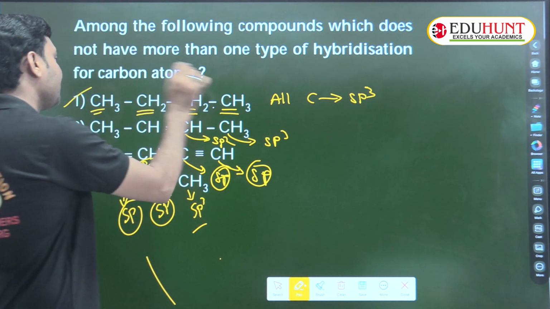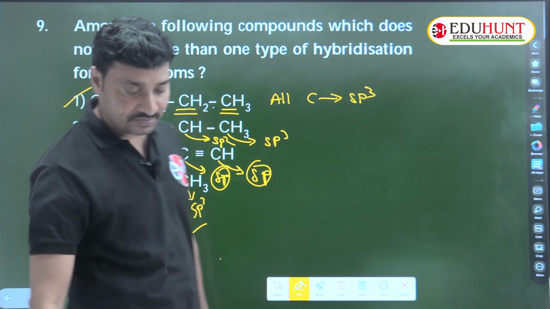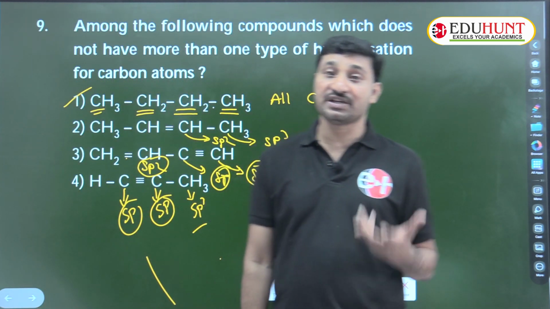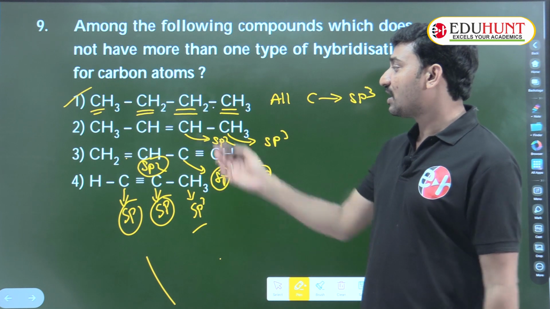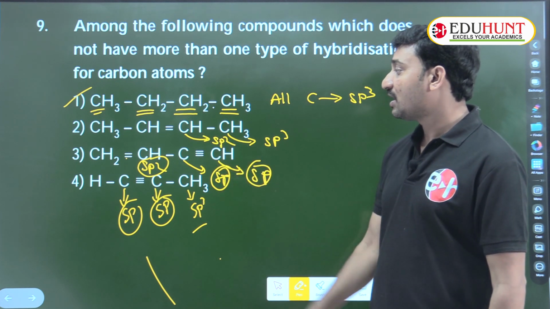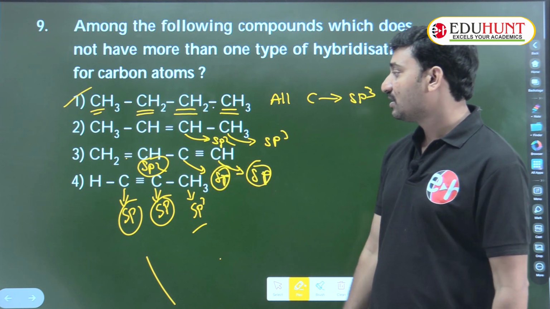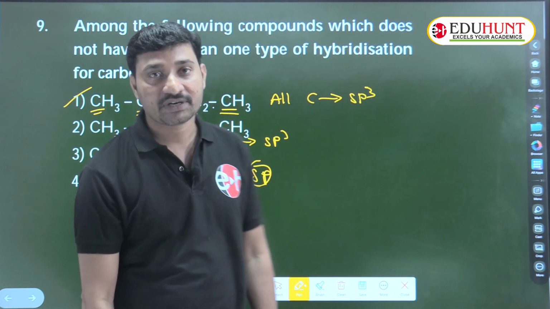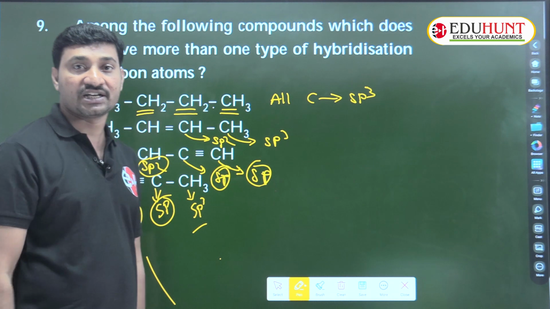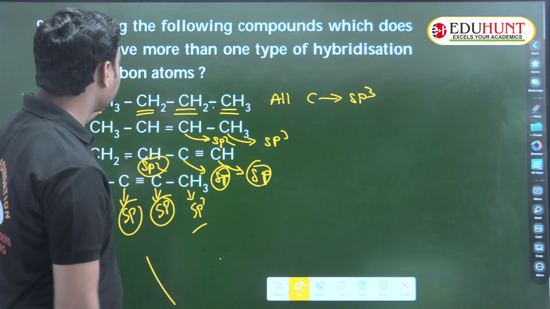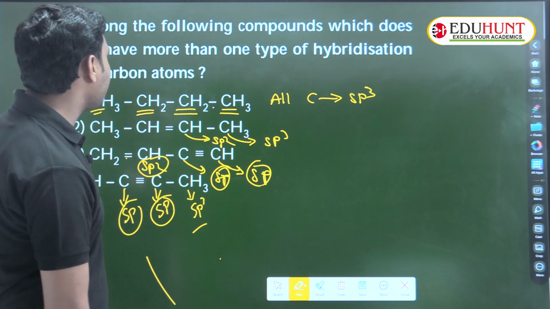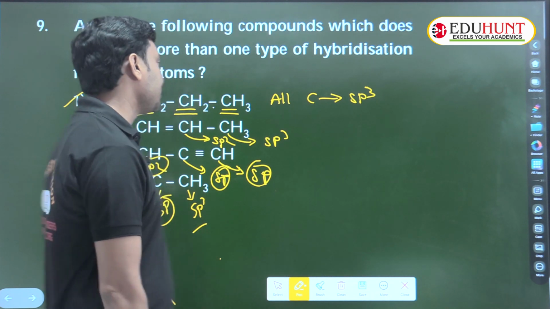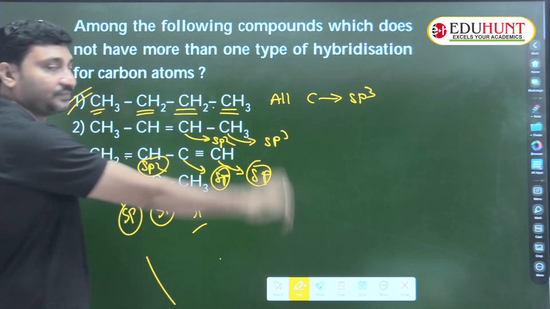Hence option 1 is correct, because in option 1 all the carbons are sp3 hybridized, but in option 2 sp2 and sp3, option 3 sp2 and sp, option 4 sp and sp3. So option 1.